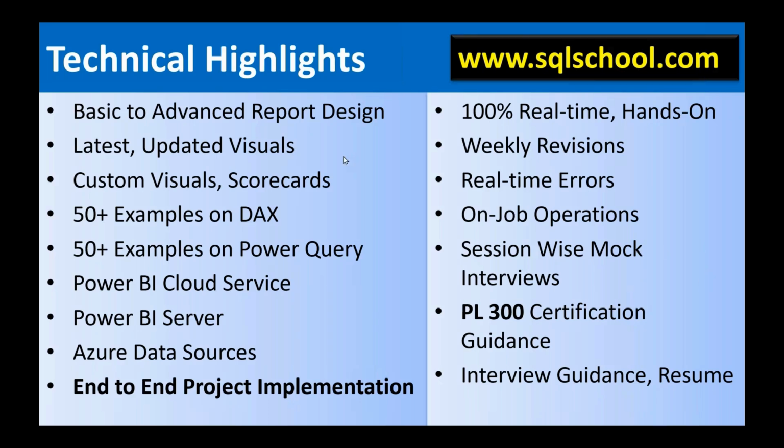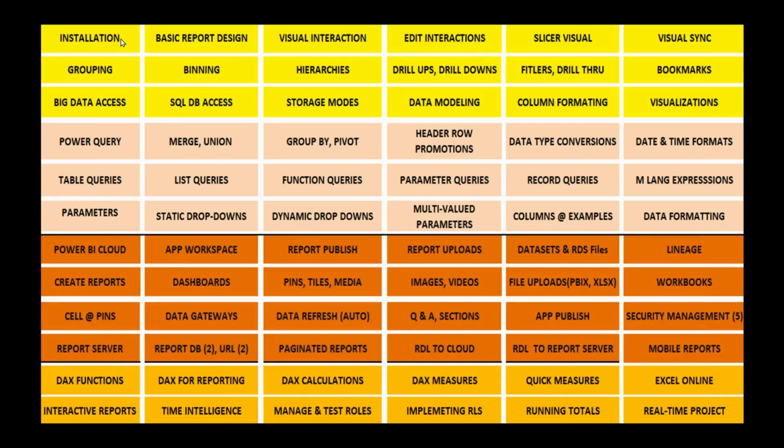On-time practice required. To make it simple and straight, here is a complete detailed plan of our classes. We'll start with installation. After we do installation, then slowly proceed to basic report design. Visual interactions, edit interactions, slicer visual syncs.